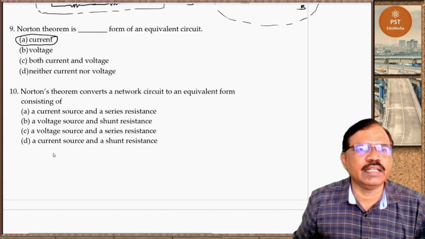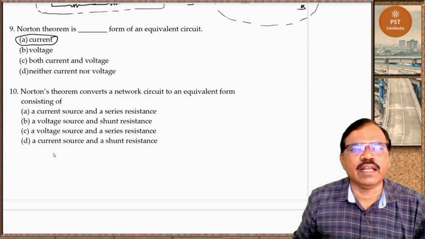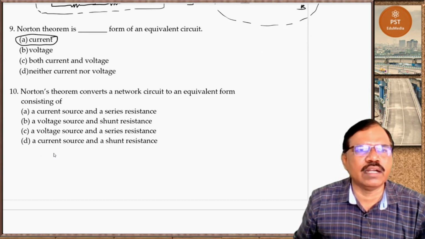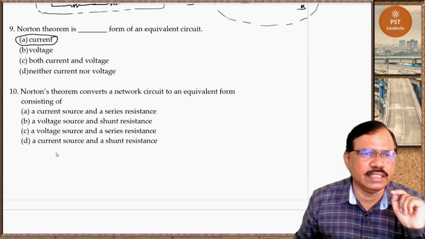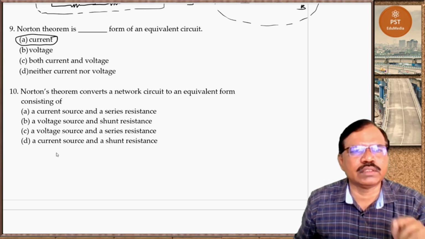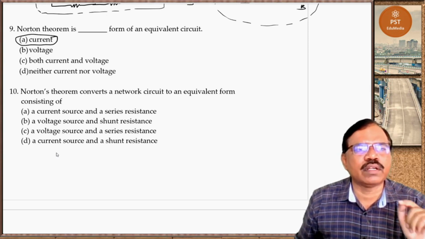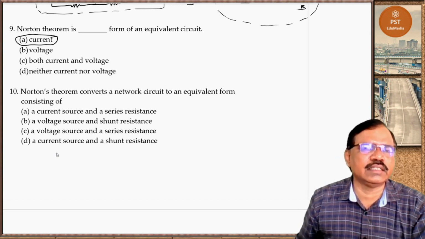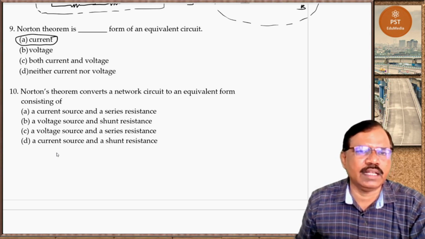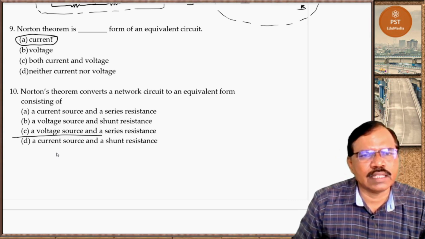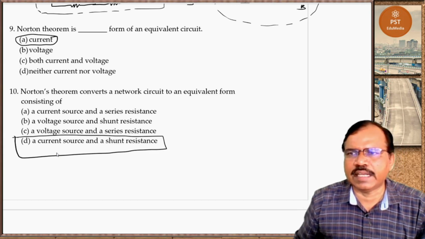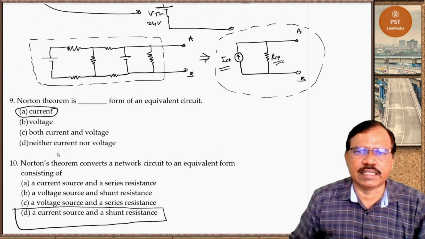So we can say Norton's theorem converts a network circuit to an equivalent form consisting of a current source and a shunt resistance. Shunt means parallel. So this last one is correct. We have seen this equivalent circuit here.